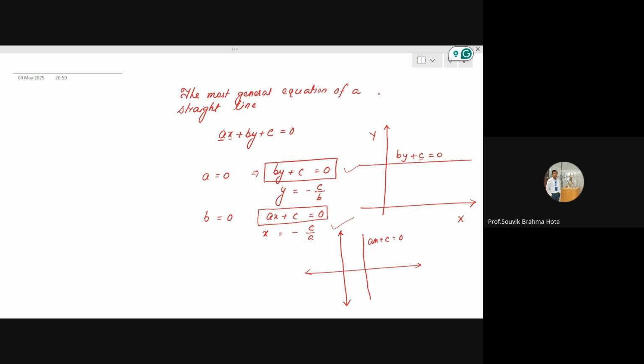If I put a is equal to 0, then your line becomes horizontal, because x represents the horizontal axis. Horizontal means obviously it is parallel to the x-axis. And b is your coefficient of y. If I put b to be 0, then your line becomes vertical.